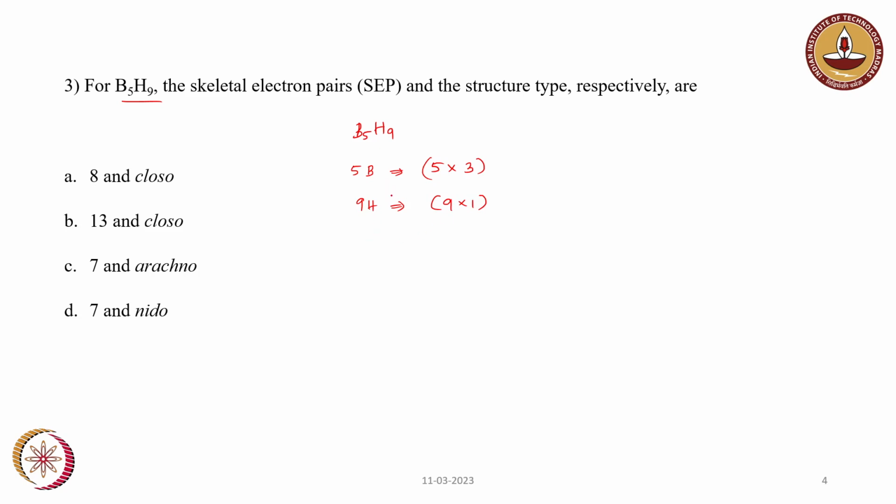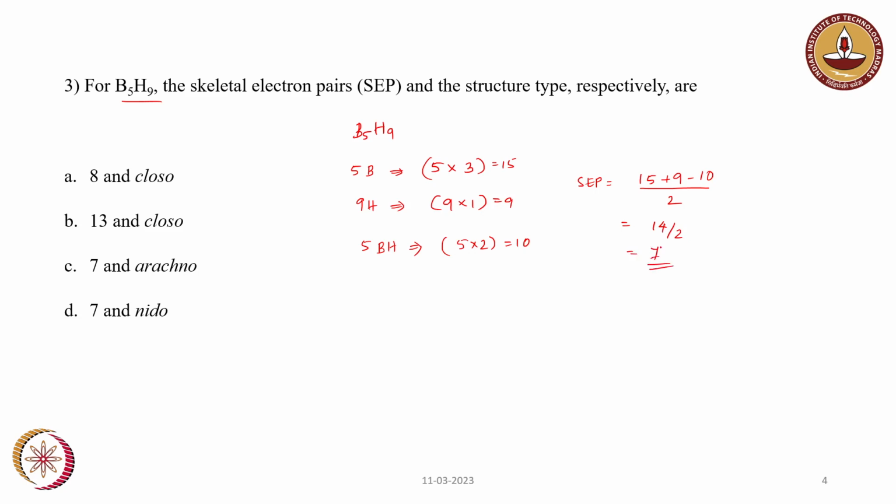And there are no negative or positive charges. There are 5 BH units, that will be 5 into 2. And SEP is 15 plus 9 minus 10, divided by 2. That is 14 by 2, 7.